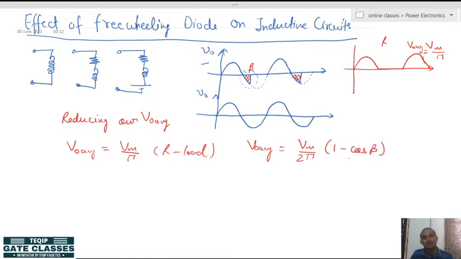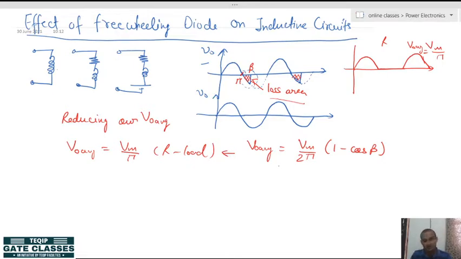Because of beta, from pi to beta, this extra area is also known as the loss area. Because of this loss area, the net average output voltage becomes lower than its resistive value.